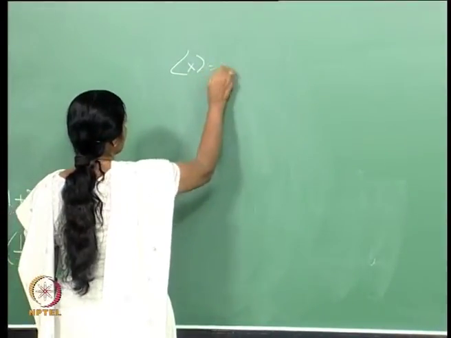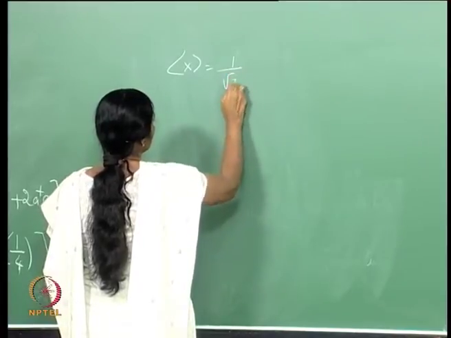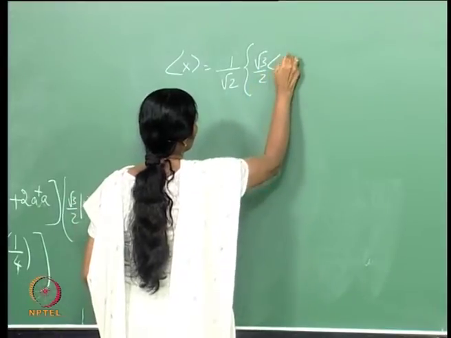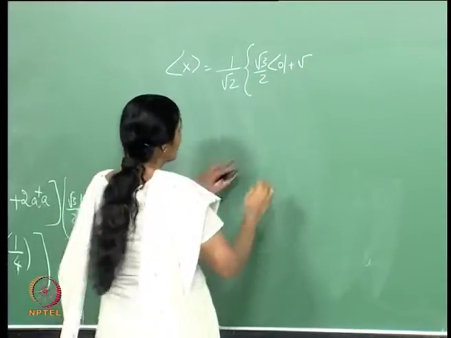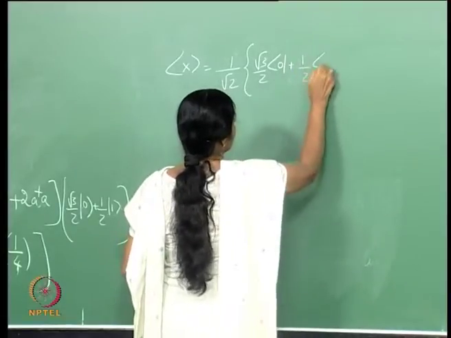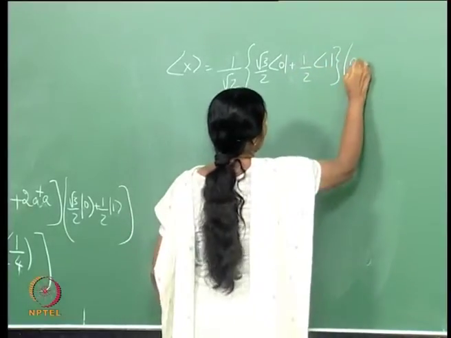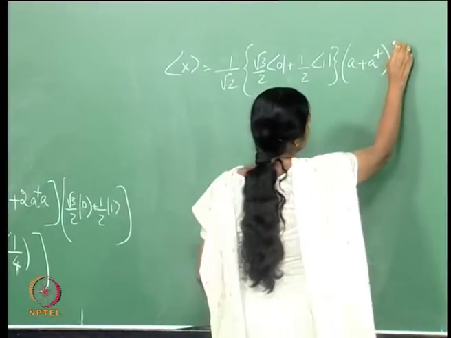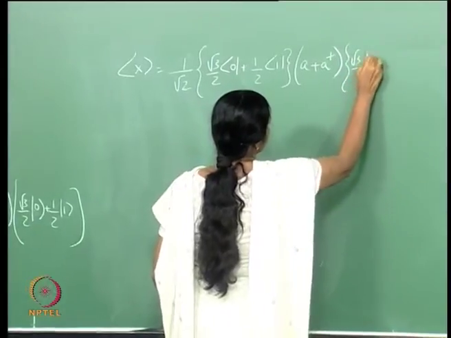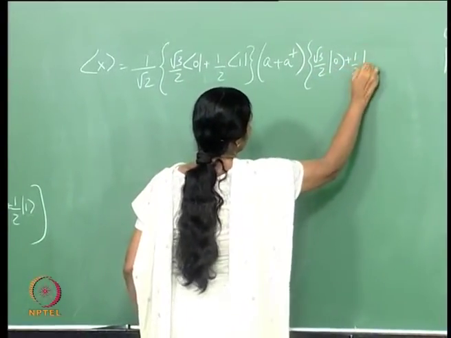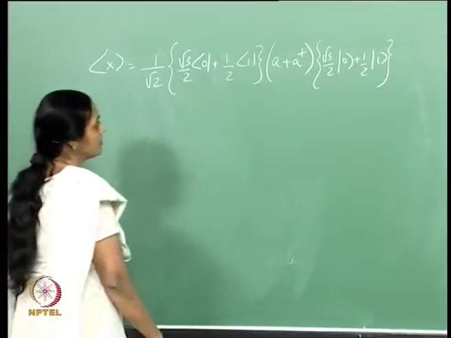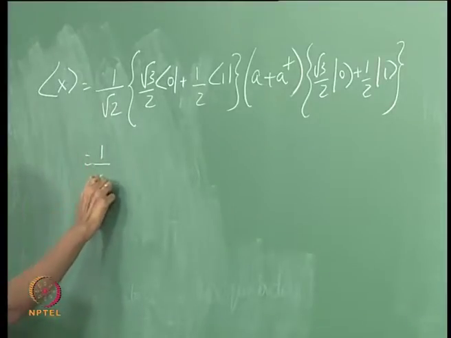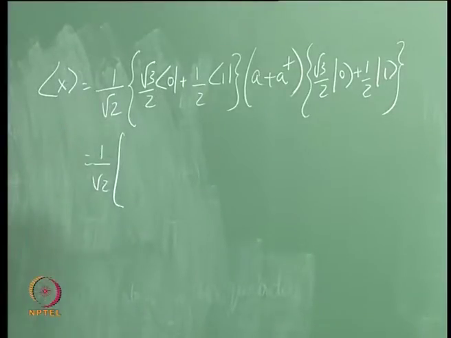I repeat the performance. So expectation x would simply give me a 1 by root 2, root 3 by 2 bra 0 plus 1 by 2 bra 1, A plus A dagger, that's expectation x, apart from a root 2, root 3 by 2 ket 0 plus half ket 1, and this is what I need to compute. I work as before. I have an overall factor 1 by root 2.